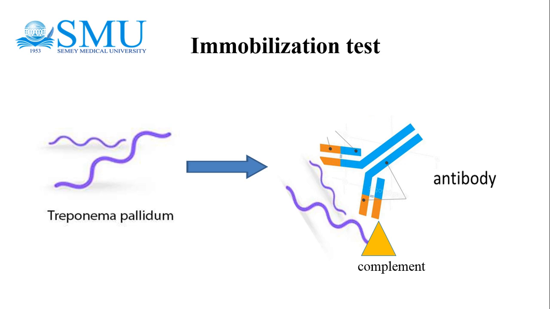It was one of the widely used tests for syphilis in the past, now not in use in the world. Here we add antibody and complement to this Treponema pallidum pathogen, and Treponema becomes non-motile, immobile.